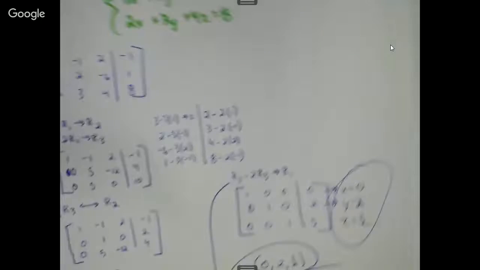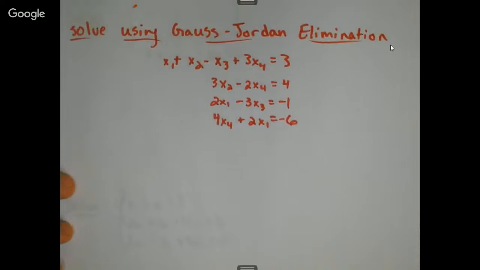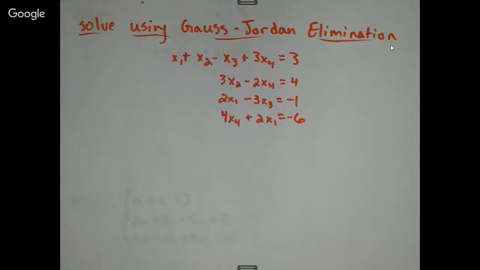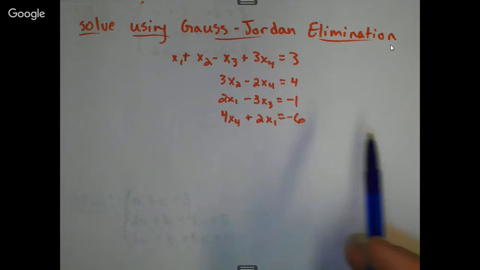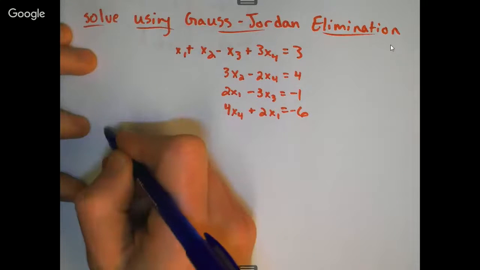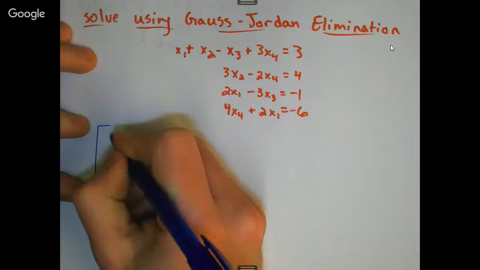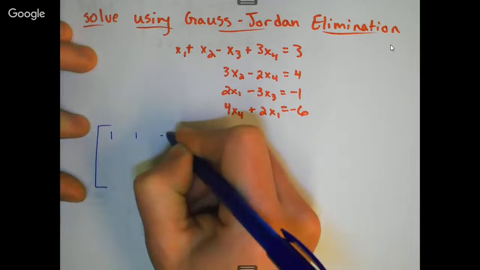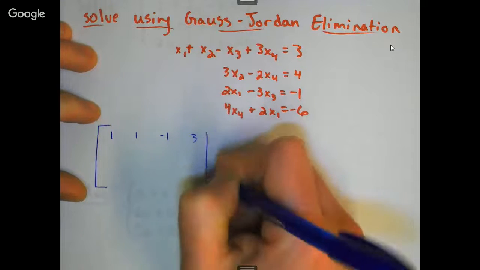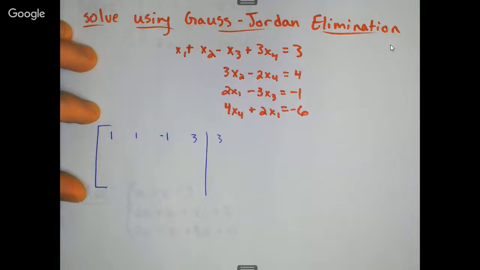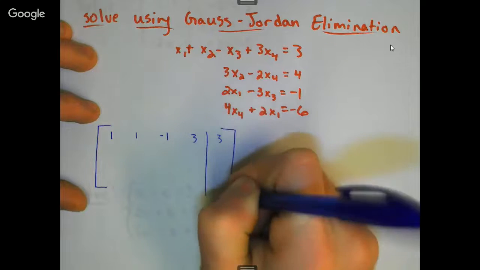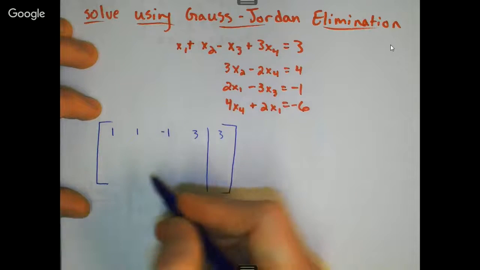We can do this with bigger examples. Okay, here's an example. I won't quite do this one, but we'll set it up in the augmented matrix. Don't let the number of elements in the augmented matrix mess you up, because this could really only take a couple steps.